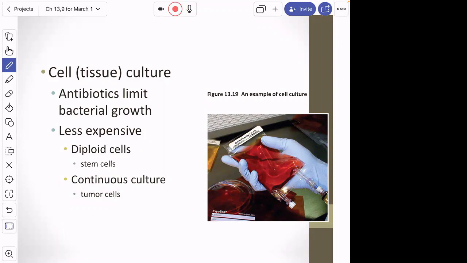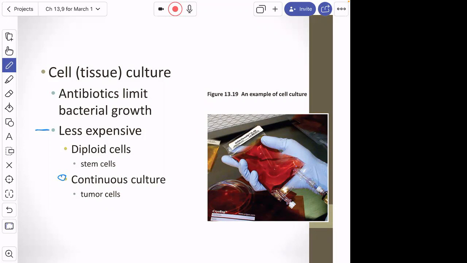We were just talking about how this is less expensive than growing viruses in an egg or in an animal. You can use diploid cells, which are really embryonic stem cells. They grow for about 100 generations before they die, or continuous cultures where you use cancer cells, like HeLa cells. And they just kind of grow on and on and on forever.